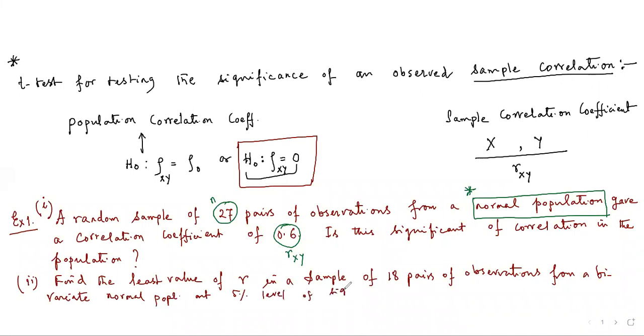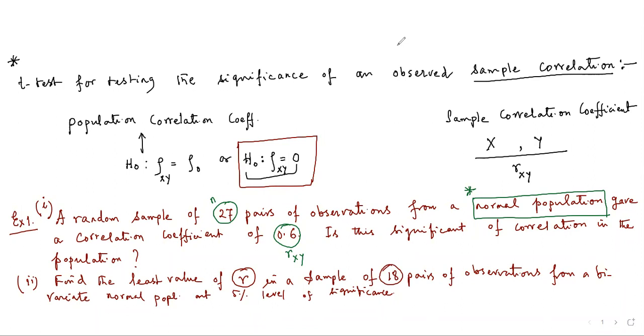So we are going to find the least value of the correlation coefficient r in a sample of 18 pairs of observations from a bivariate normal population at 5% level of significance.